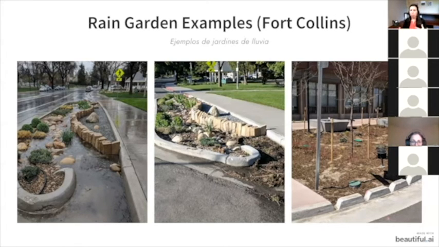So a lot of water is coming into this particular rain garden. It's being utilized as a landscape feature to beautify downtown Fort Collins, and it looks like it's also being utilized as a stormwater control measure. You can see the outlet right here. That's where the overflow is.